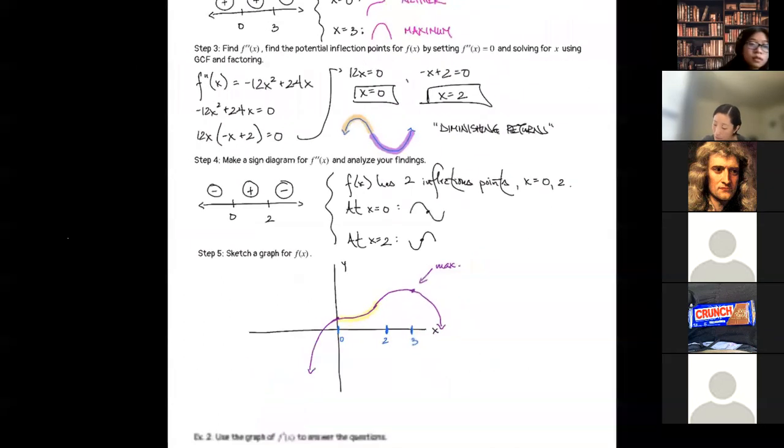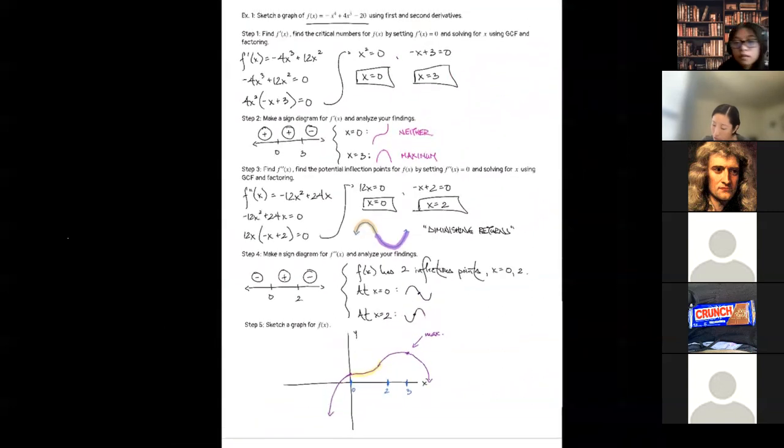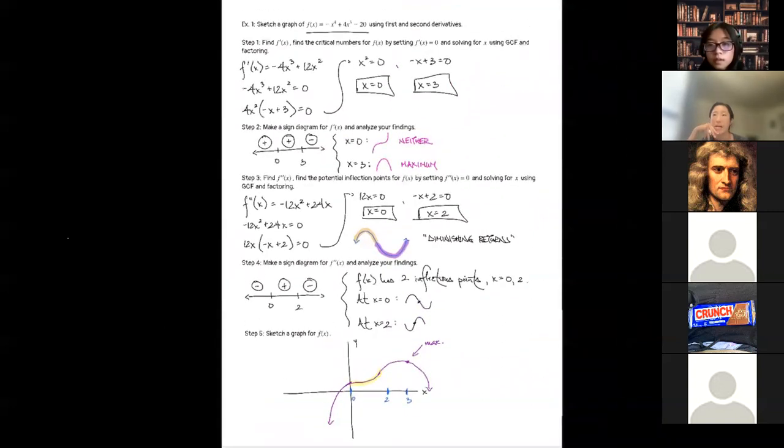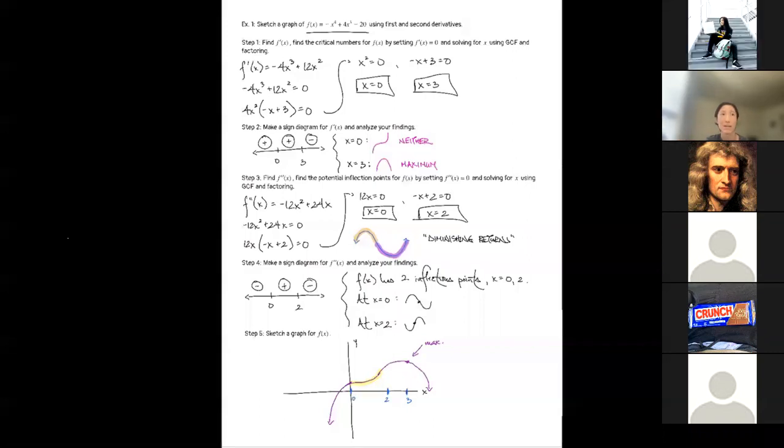If you graph the original function on Desmos or some sort of graphing platform, you should get something very similar to this. But I do expect that if we're graphing these by hand, they look a little Frankenstein-esque in the sense that they're all the pieces of information we've gathered stitched together.